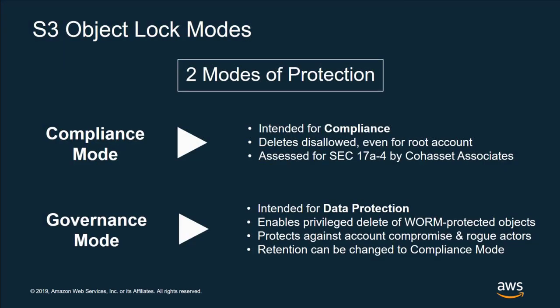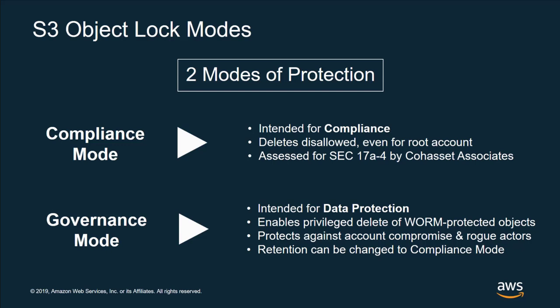So the two modes of protection are governance mode and compliance mode. The key difference is really the level of control you have to change the settings. Governance mode is intended for what we call data protection. It establishes immutable, WORM-protected objects, and so again, it protects against compromise and rogue actors.